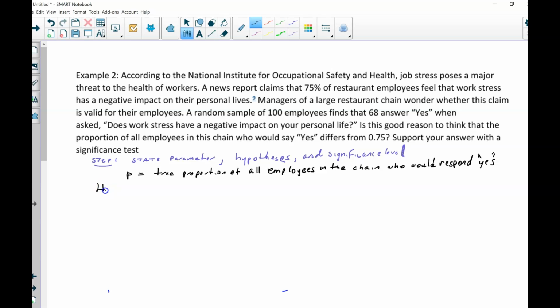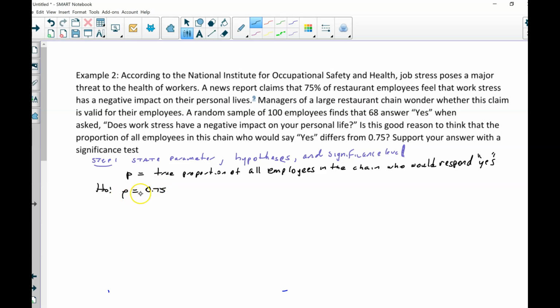So the null hypothesis is going to be, I forgot to mention that in this step when we define a parameter, there's no hats. Be careful. So our null hypothesis is p is equal to 0.75.